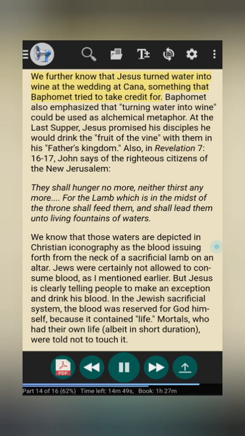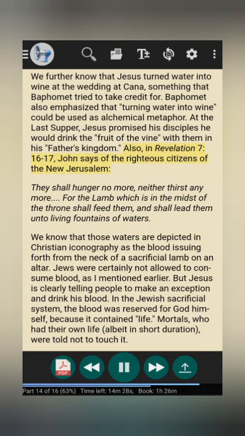We further know that Jesus turned water into wine at the wedding at Cana, something that Baphomet tried to take credit for. Baphomet also emphasized that turning water into wine could be used as alchemical metaphor. At the Last Supper, Jesus promised his disciples he would drink the fruit of the vine with them in his Father's kingdom.